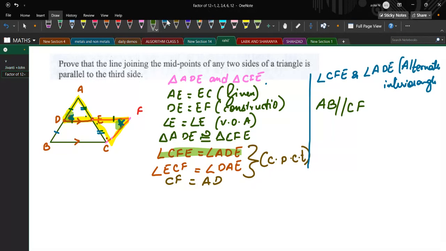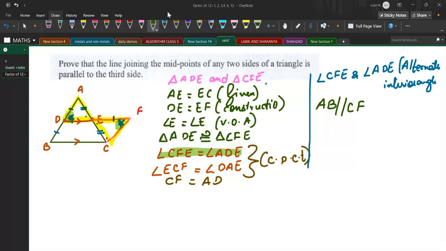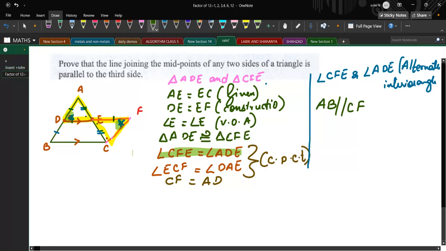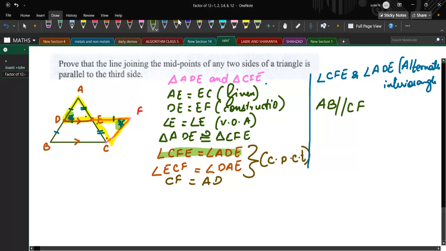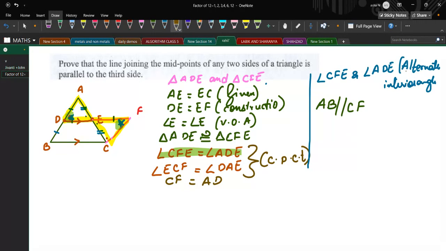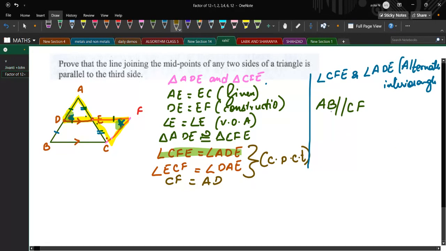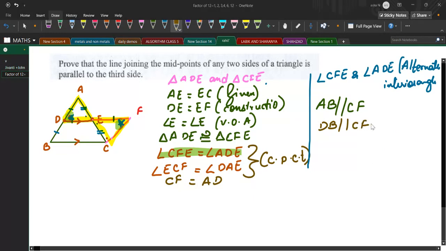And here the lines are AB and CF. So AB and CF are parallel. Okay. Now instead of AB, I will cut it short and write BD or DB, because it is the same line. DB is also parallel to CF.